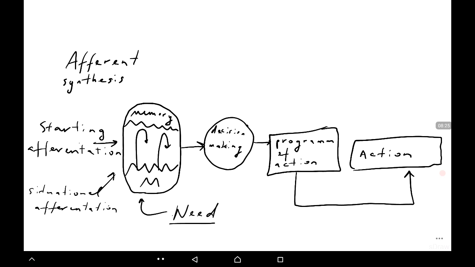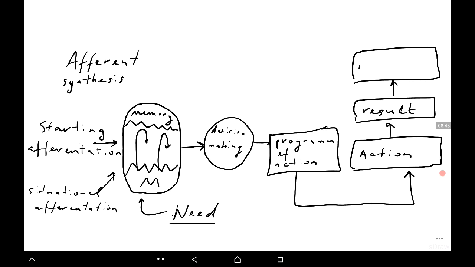And every action has a certain result. And the result will have the parameters of the result. And the parameters may satisfy the basic need, or may not satisfy the basic need.